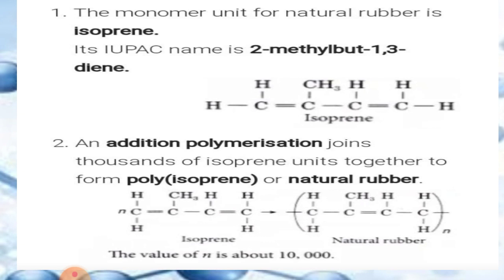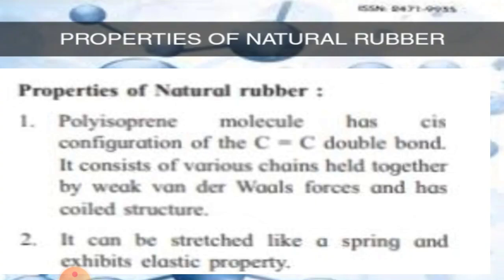Fine. Cis isoprene will give you polyisoprene, that is natural rubber, while trans isoprene will undergo polymerization and give trans polyisoprene, popularly known as gutta-percha. So here we are moving forward towards the properties of natural rubber.